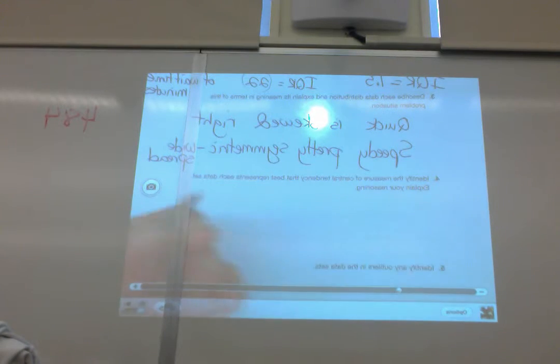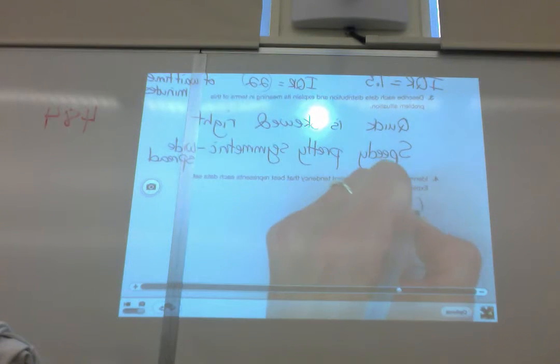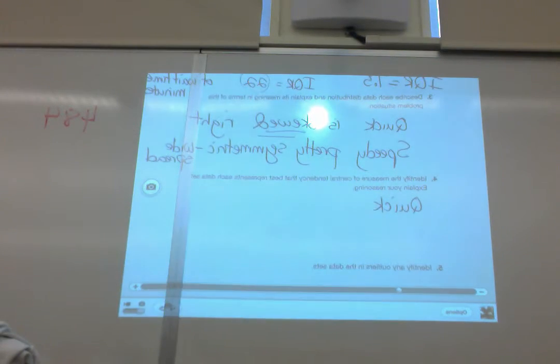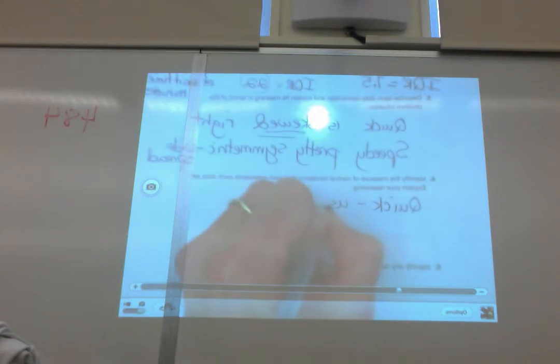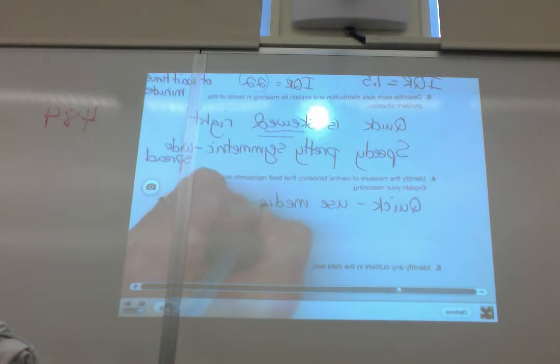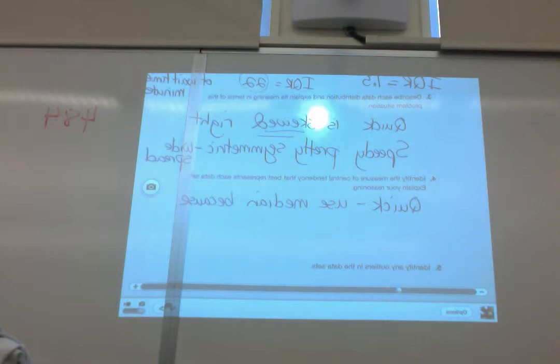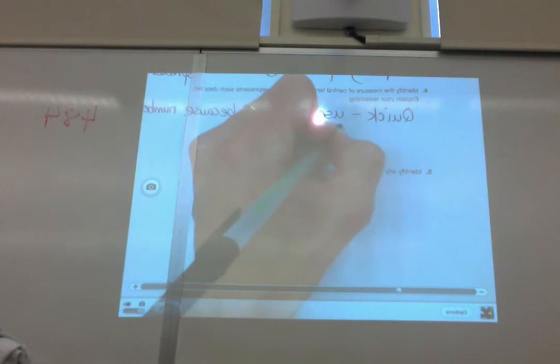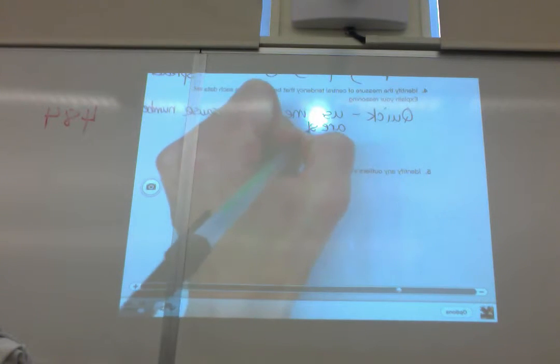So for QuickTime, we just said it's skewed. Use median because the numbers are skewed.